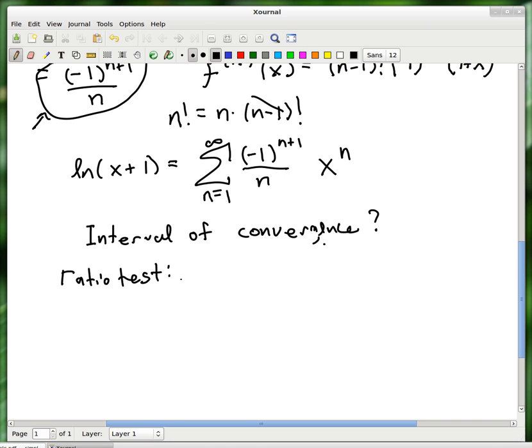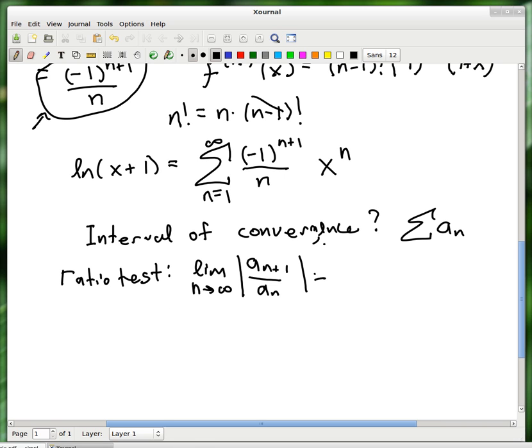So what do we do? We take the limit as n goes to infinity of a_(n+1) over a_n. This is just for a generic series where a_n represents the term. For us, a_n is going to be this whole big mess of things. We can take the absolute value here, so that the -1 is not something we need to worry about.